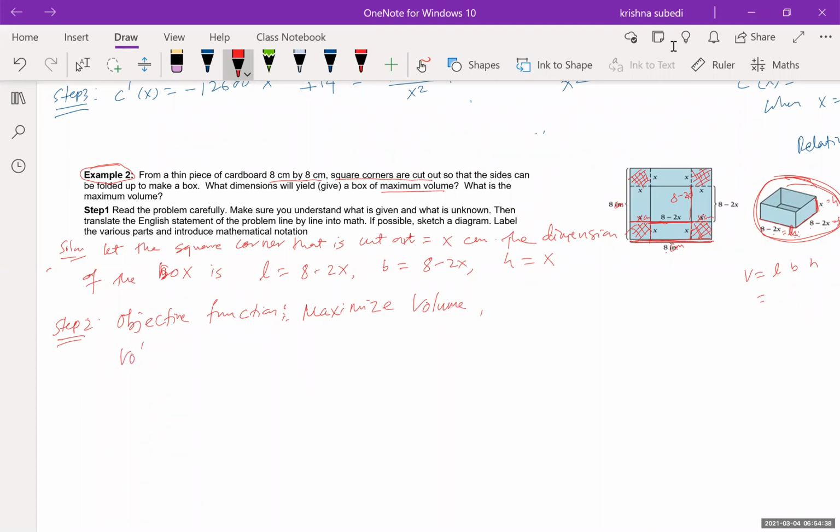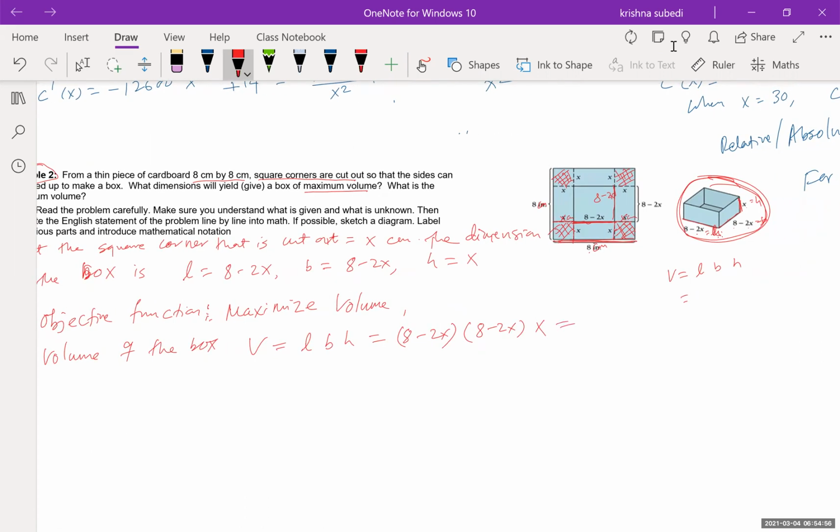Now the formula for the volume of the box, V, is given by L times B times H. We know that L is 8 minus 2x, B is 8 minus 2x, and H is x.